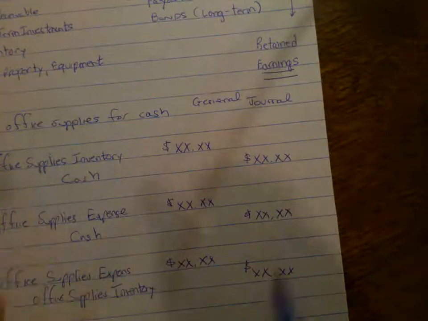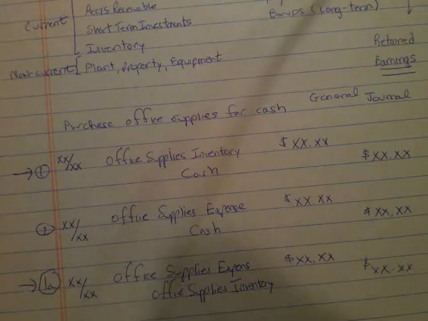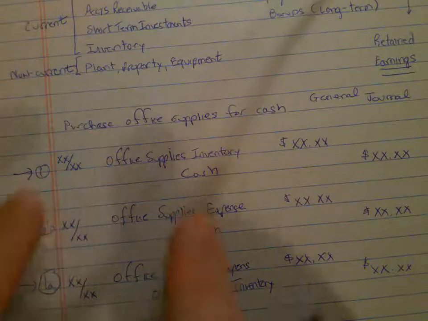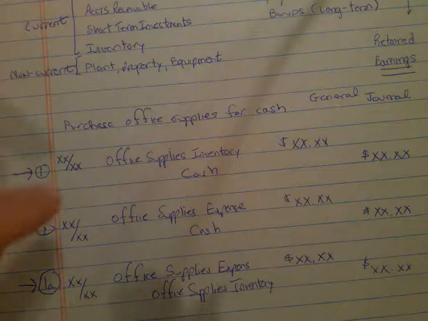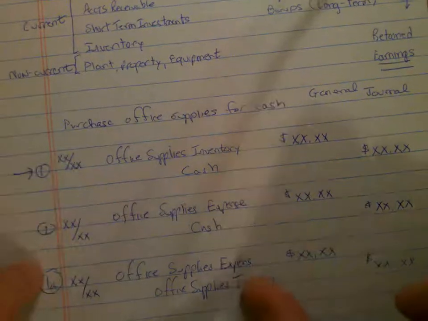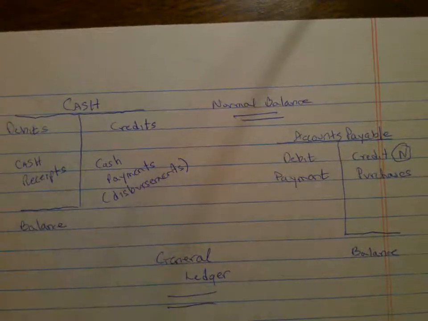And all we do there is we just, in date order, chronologically, we record every transaction that comes in. Then we do something we call a posting process, where we take these figures here, with their accounts, and then we post them to these T accounts.